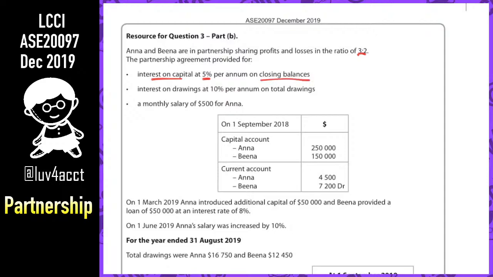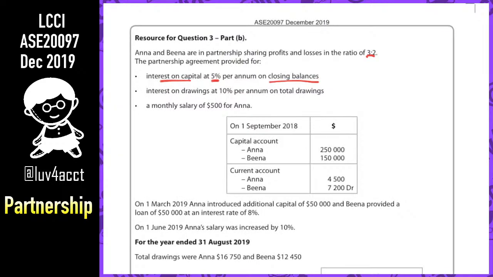Usually we will have opening balances. Anyway, next one, interest on drawings, 10% per annum on total drawings. And then monthly salary, 500 for Anna. So if it is 12 months, it would be 6,000. But let's see if it will be 12 months or not. On the 1st of September, this is the year start.